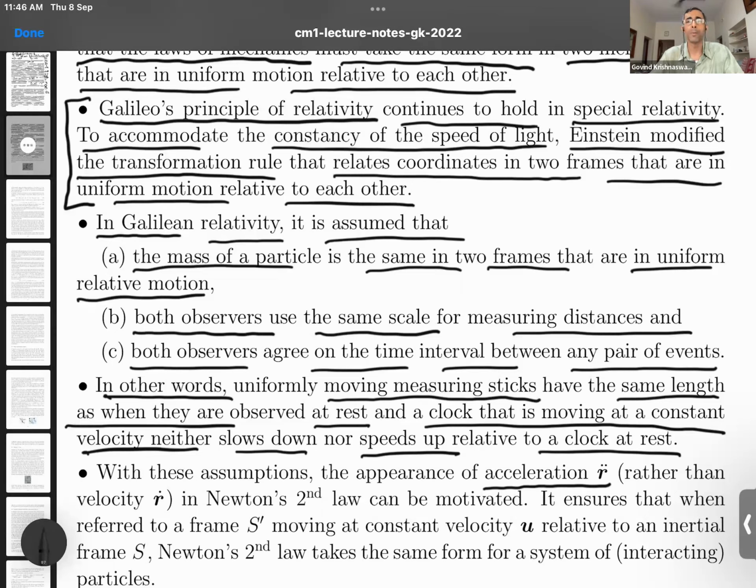This is the deep insight of Galileo, which underlies Newton's second law. The mathematical character of Newton's second law, being a second order equation, directly follows from Galileo's principle of relativity. And I will explain that next time.